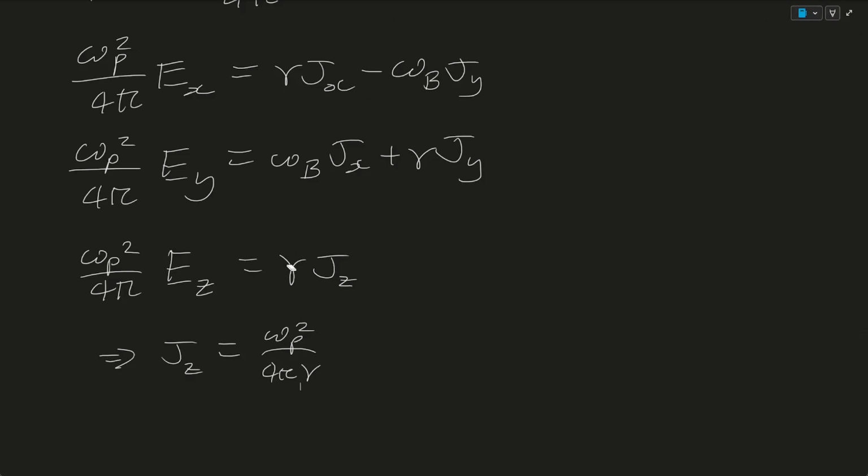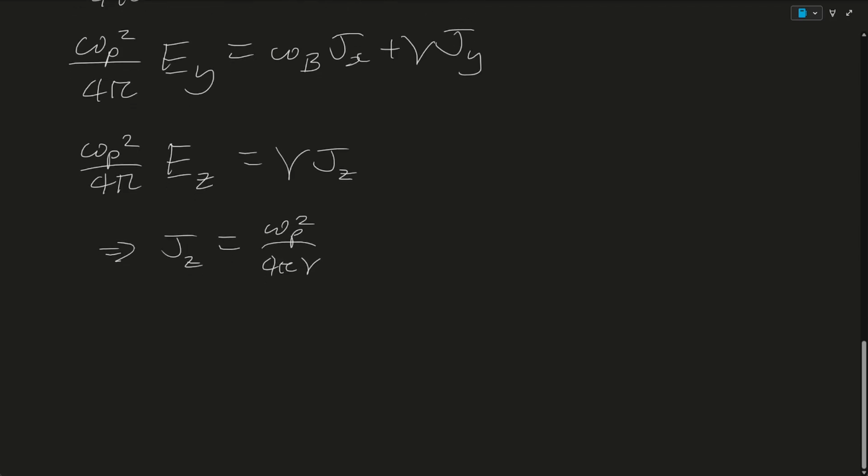I want it to be very clear that this is still a nu. Alright, that's okay. And then jx and jy can be solved for, which I'm going to do now.